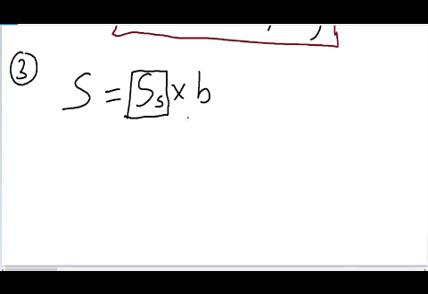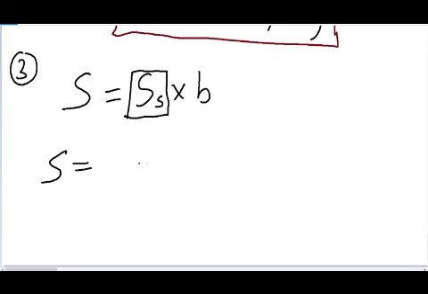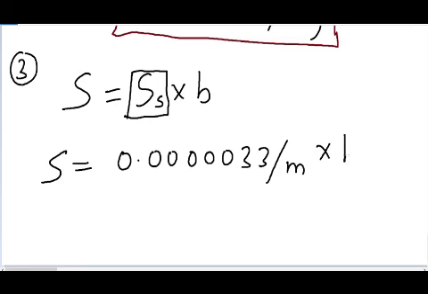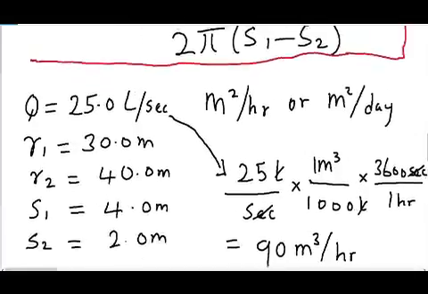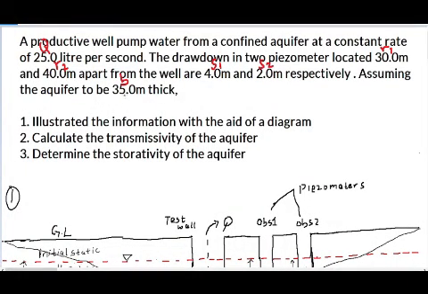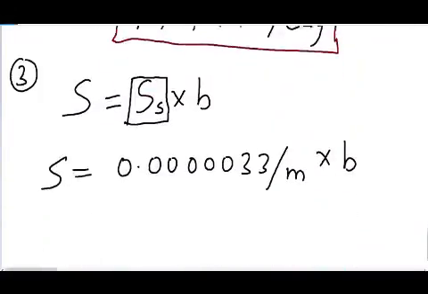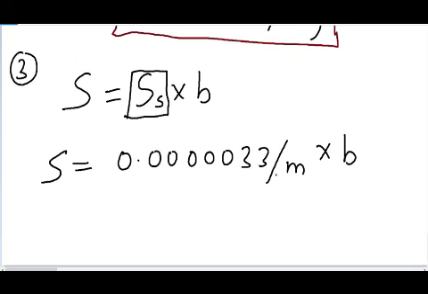Well, according to Lohman, the storativity of a confined aquifer can be approximated or estimated as, so B is the thickness of the aquifer. So from the equation, we know the value of B, which is given to us as 35. So let's put in the value into this formula to get the storativity.